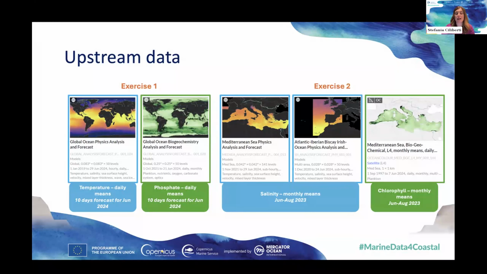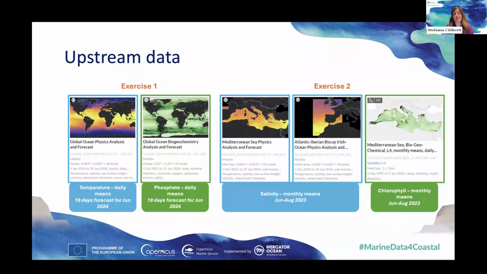So the first exercise will mainly use the model data from the global ocean analysis and forecasting system for the physics and for the biogeochemical component, working mainly with temperature and phosphate over a reference forecast cycle. So taking basically the production provided daily by the Copernicus Marine Service through the global ocean forecasting system.